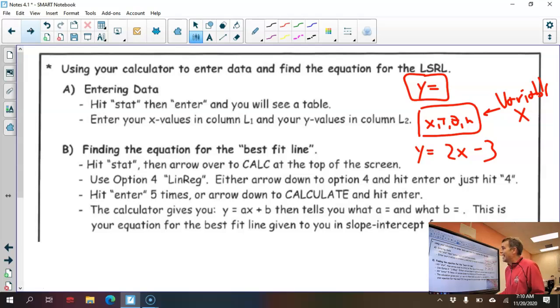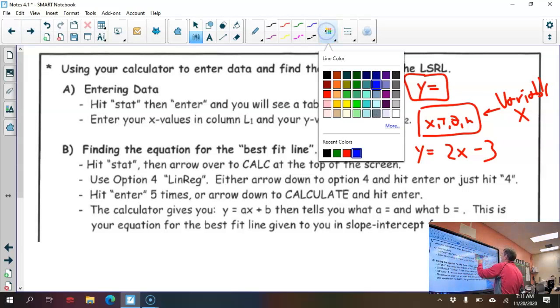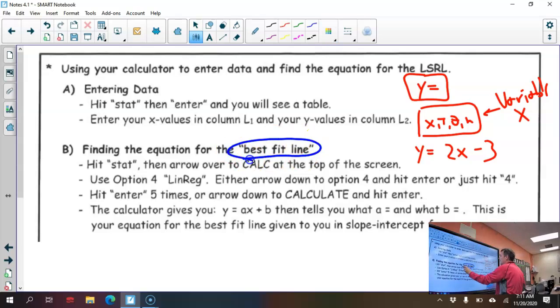All right, so now the calculator has the data in it. And part B, I can find the best fit line. So now I'm going to find the best fit line. I'm going to go back and hit Stat. And then I'm going to use the arrows to go over. See at the top of the screen it says Calc?